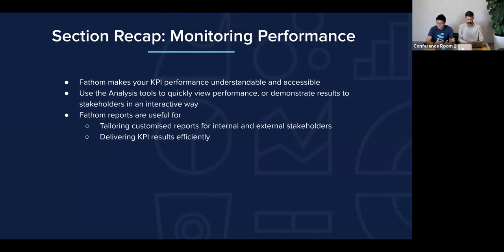So you can basically use Fathom's analysis tools to quickly view performance or to demonstrate those results to other stakeholders in an interactive way. You can also create those customizable reports that contain all of your KPI data. You can automatically create them and save them as templates and get them rolling out for you on a monthly basis. So you can basically stay on top of how your business is performing.